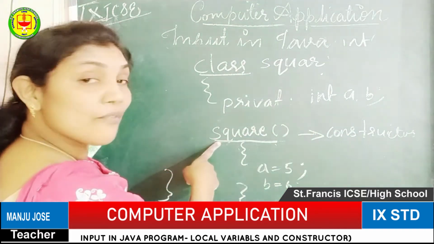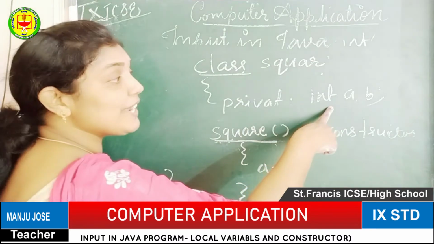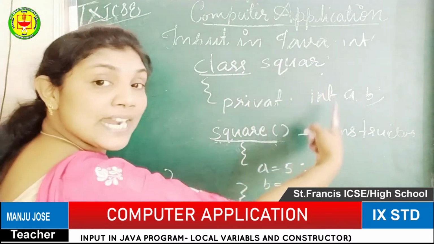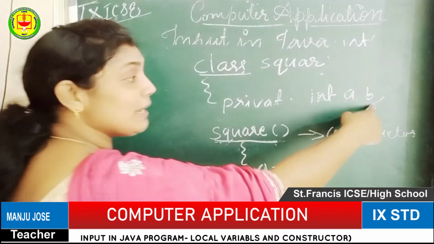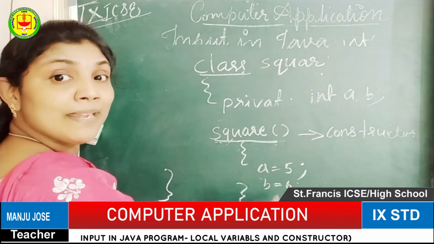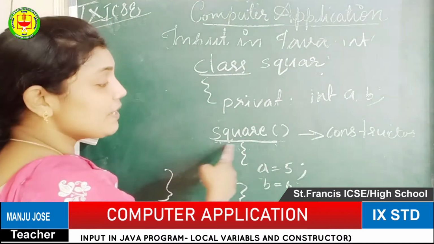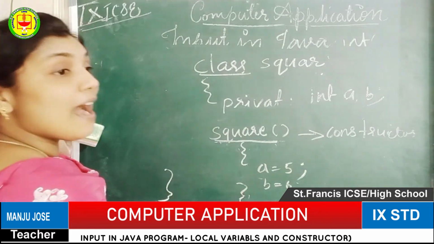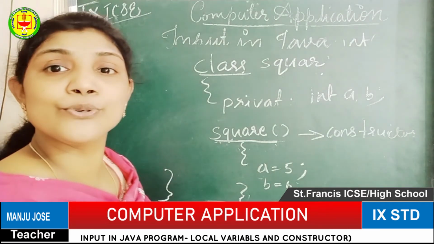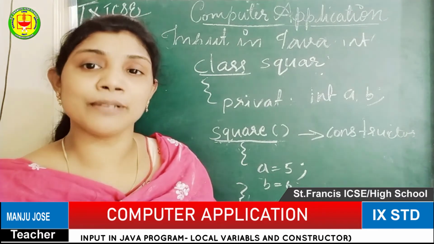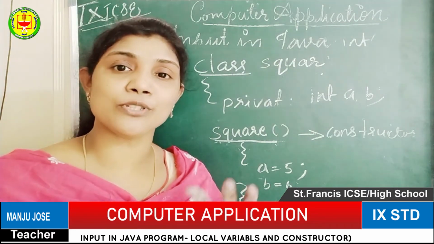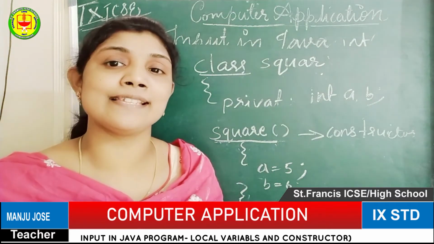The variables we have given inside the class will be initialized by the constructor. So this is called a constructor, and because the constructor is used for initializing, this concept is also included in the initialization section.